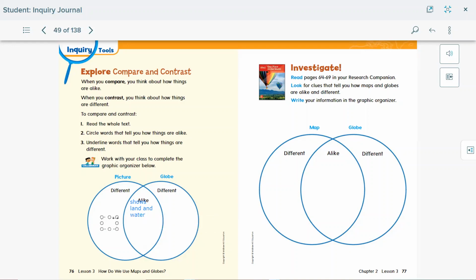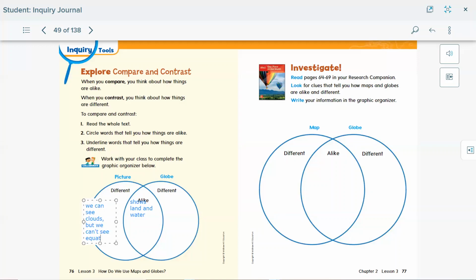So let's write down here, we can see clouds, but we can't see the equator.